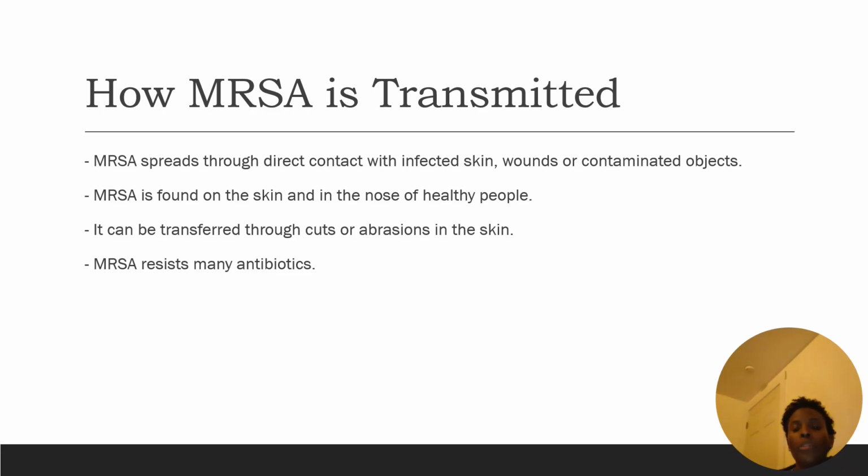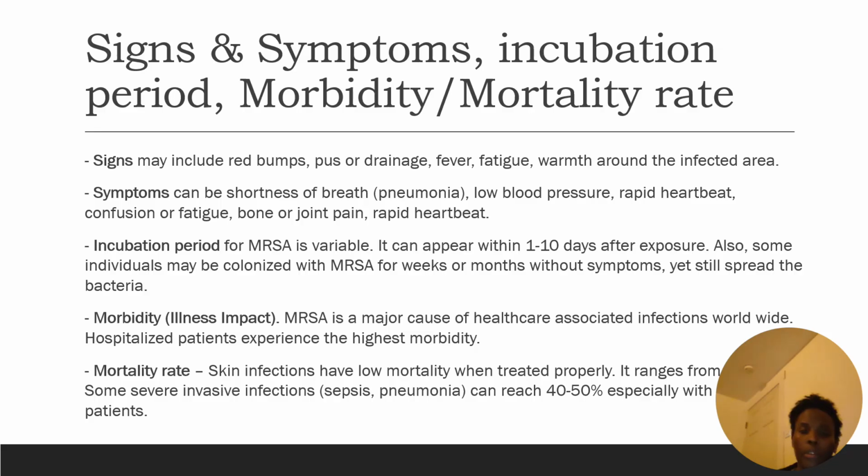So it is very much advised not to share such personal belongings. MRSA is also found on the skin and in the nose of healthy people. It can be transferred through cuts or abrasions on the skin. MRSA resists many antibiotics. It's a very stubborn bacteria.